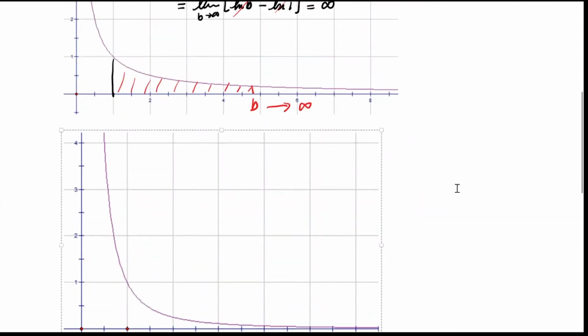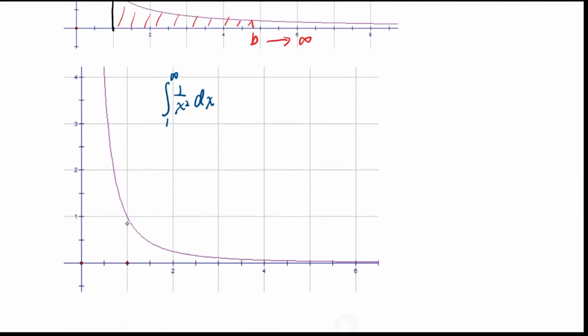Now, our example, which I'm going to do in blue, is 1 over x squared dx, starting from 1 all the way to infinity. So that concept is, once again, here's 1. And instead of substituting infinity, I cut it somewhere here, call that b. And that b will approach infinity, so that area. And we expect 1 to be our answer.